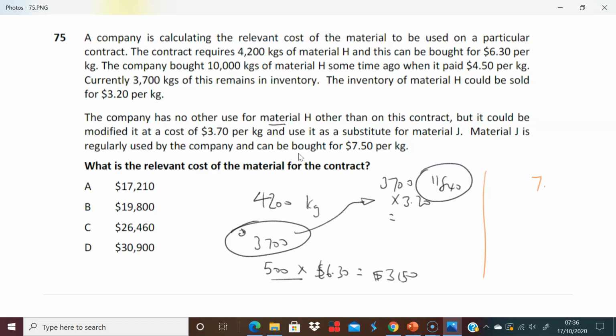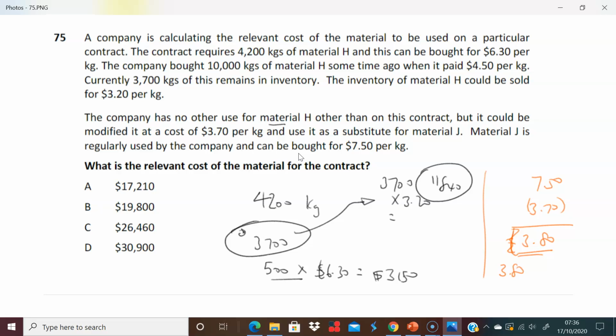So you could go out there and buy kilograms of material J and spend £7.50, or you could modify this at a cost of £3.70, therefore making a saving of £3.80 on each kilogram that you need.